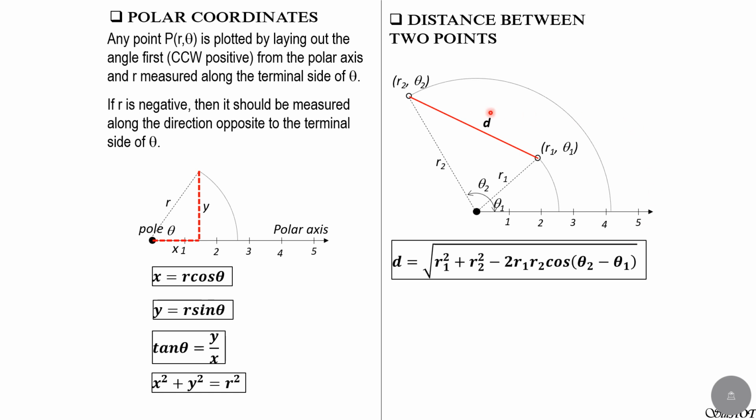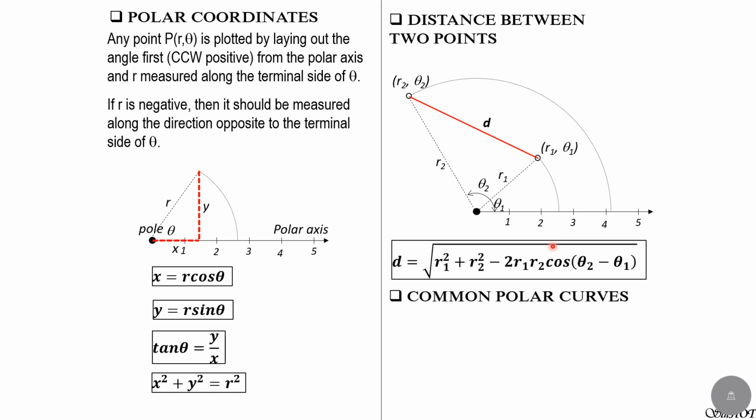You may also transform the coordinates into Cartesian form, then apply the distance formula, Pythagorean theorem. Once these polar coordinates are transformed into Cartesian or rectangular coordinates, then apply the distance formula.